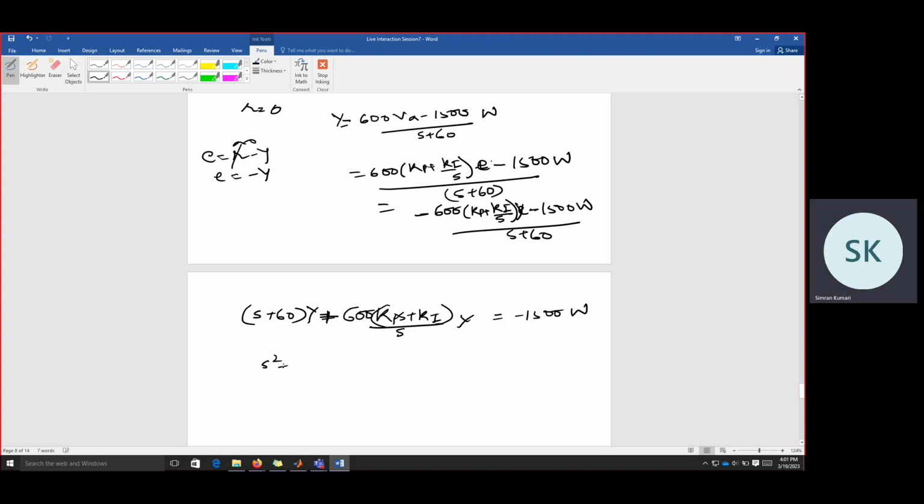This will be s squared plus 60s plus 600 Kp s plus 600 Ki into Y equal to minus 1500 s, multiplied this side into W.